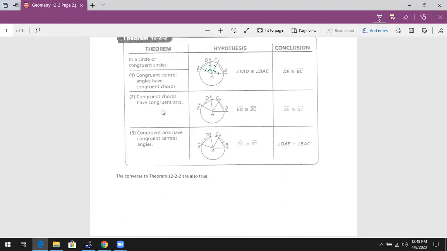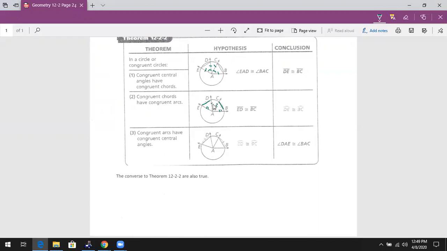The second part says congruent chords are going to have congruent arcs. So if I know chord ED and chord CB are the same, then I know arc ED and arc CB are the same. Now, once again, being that these start the same, your radii are of course the same, all four of them.